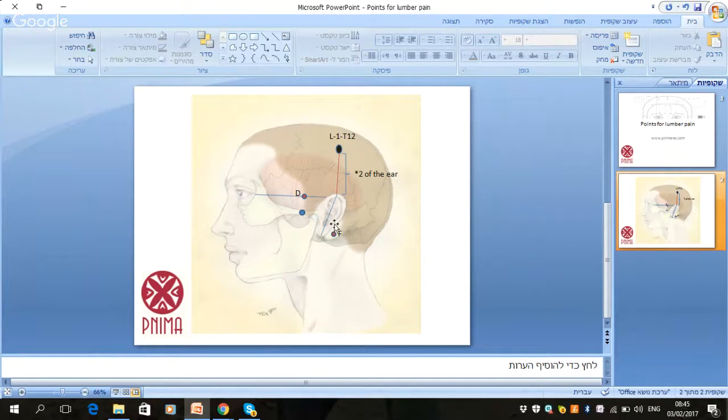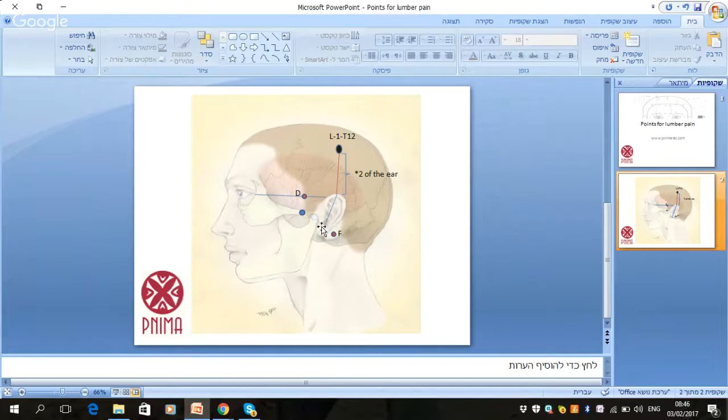The next point which I'm going to talk about is the F point. The F point is located on the mastoid bone. Go to the mastoid bone, go up from the tip of the mastoid process, and the first lump or bump that you come to is the F point.